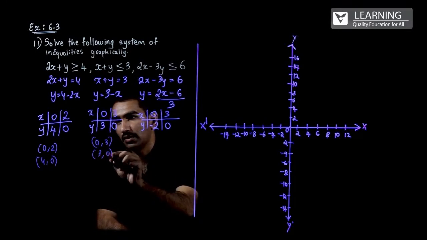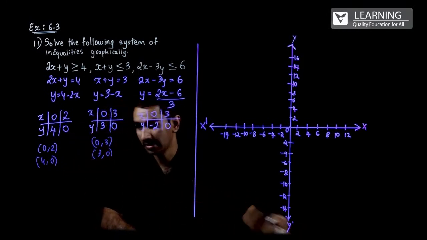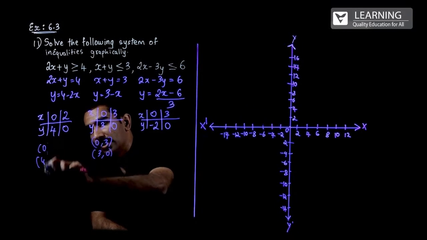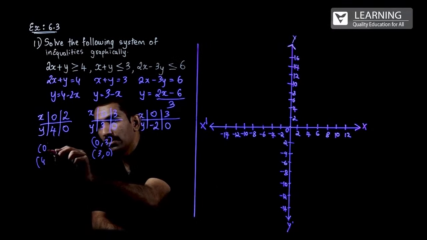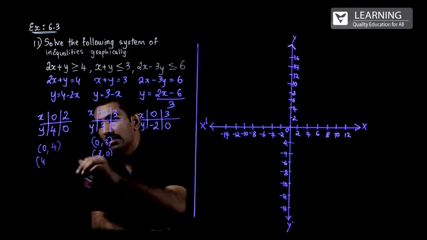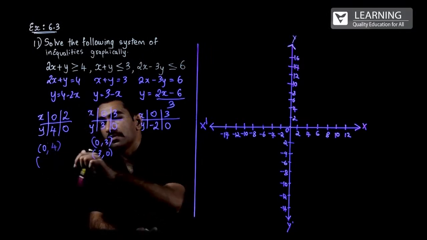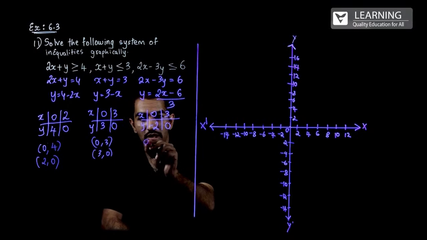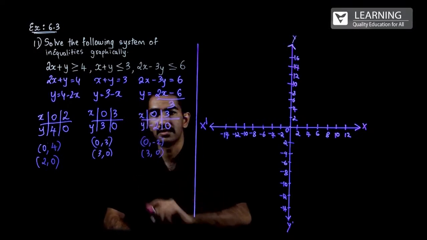Correct. So students, there is one small mistake here. So here it is 0, 4 and 2, 0. Here we'll be getting 0, minus 2 and 3, 0.